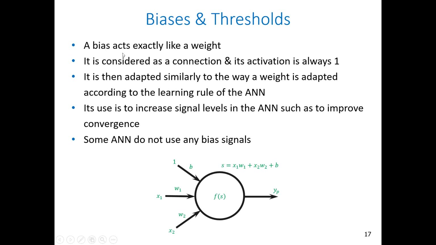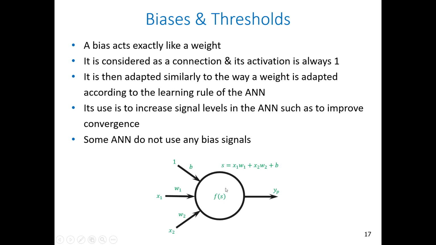A bias acts exactly like a weight. This is a bias. It is connected as a connection and its activation is always 1, its input is always 1. It is then adapted similarly to the way a weight is adapted according to the learning rule of the artificial neural network. It's used to increase signal levels in the artificial neural network, such as to improve convergence. Some artificial neural networks do not use any bias signals.